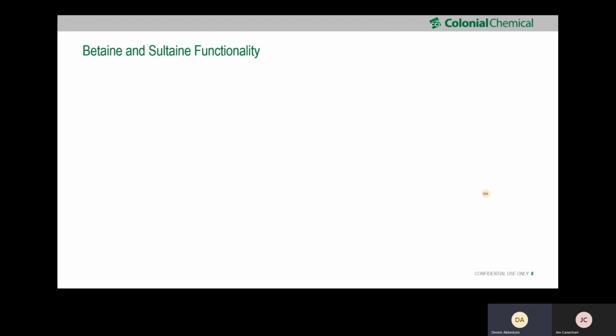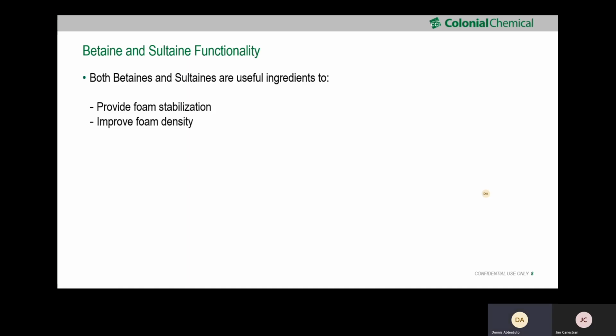So you may wonder, well, how do betaines and sultaines then compare to each other? Familiar with betaines, but maybe not quite as much as sultaines. And so they have a lot of common features. They are both useful for providing foam stabilization, improving foam density by decreasing bubble size and compactness of the foam, improving the viscosity response of anionic surfactants by increasing the overall salt response of these molecules.